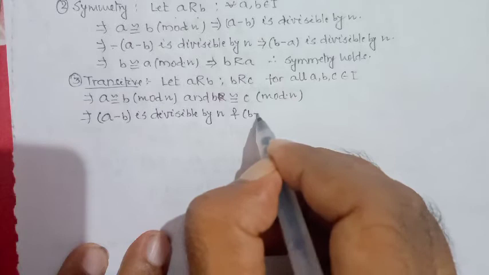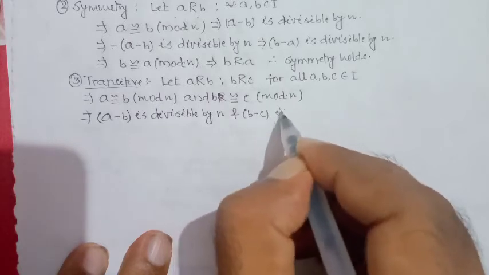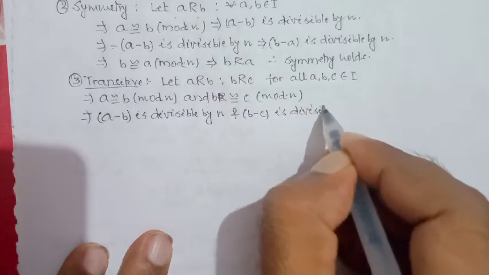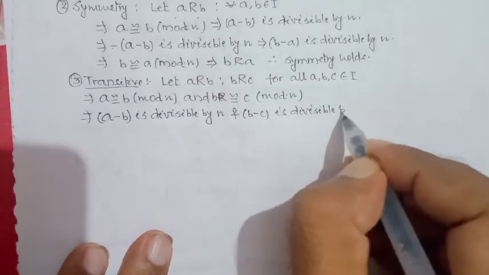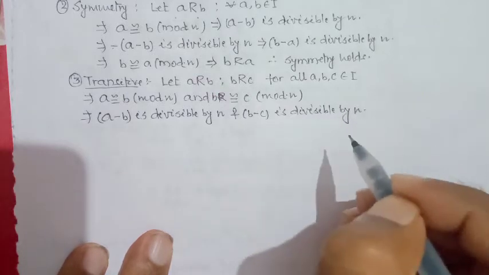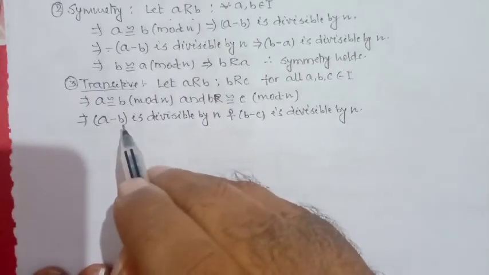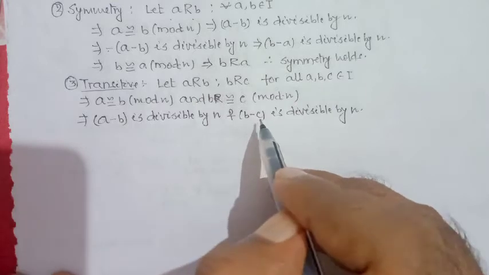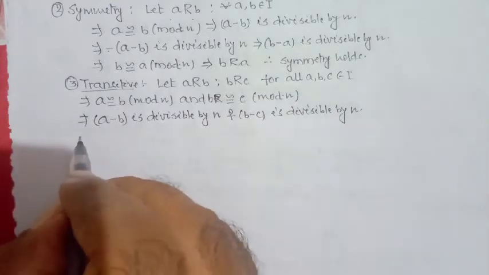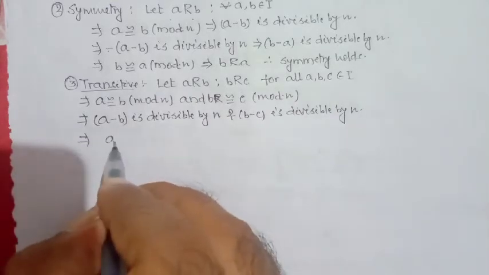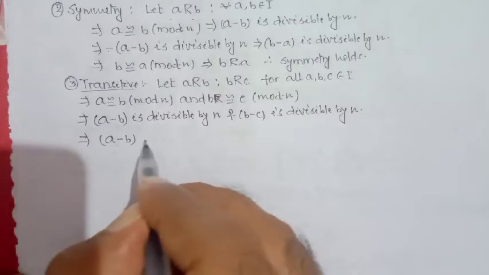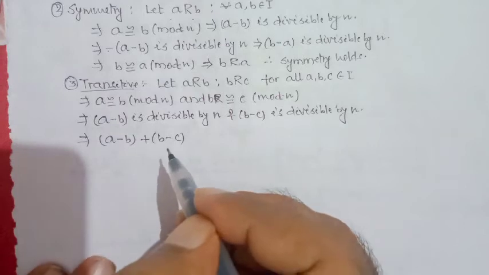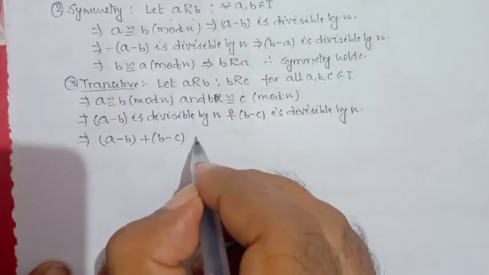Now, a minus b is divisible by n, b minus c is divisible by n. So their sum, a minus b plus b minus c, is also divisible by n.